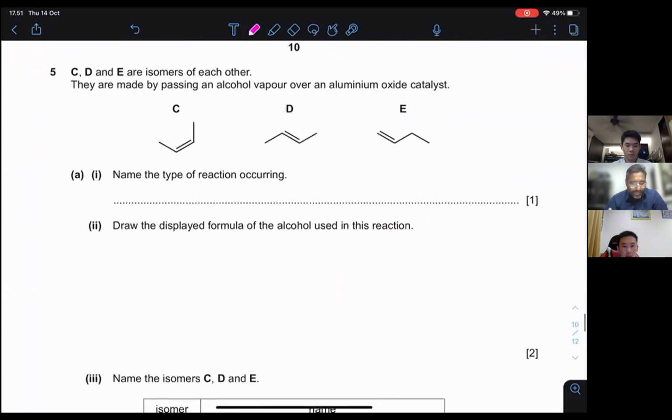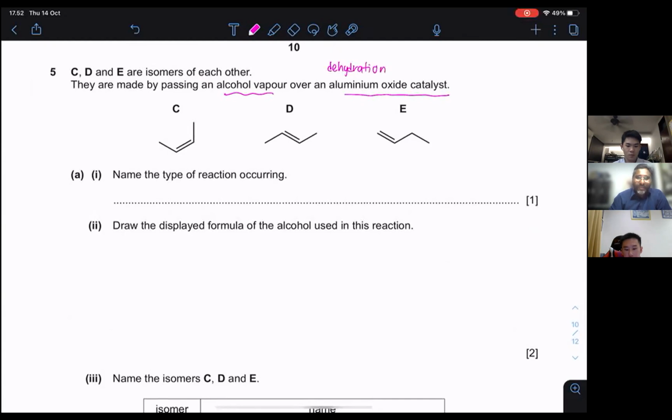C, D, and E are isomers of each other. They are made by passing an alcohol vapor over an aluminium oxide catalyst. If you remember this properly, this is what we call a dehydration reaction.